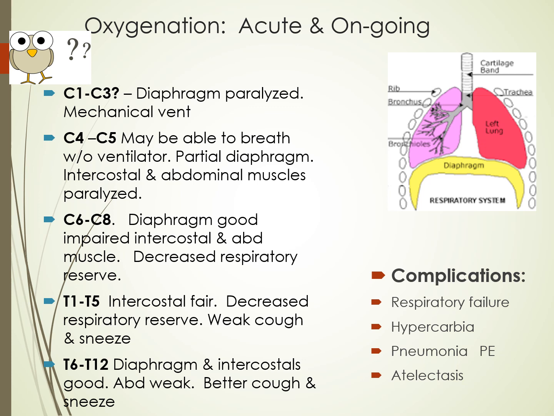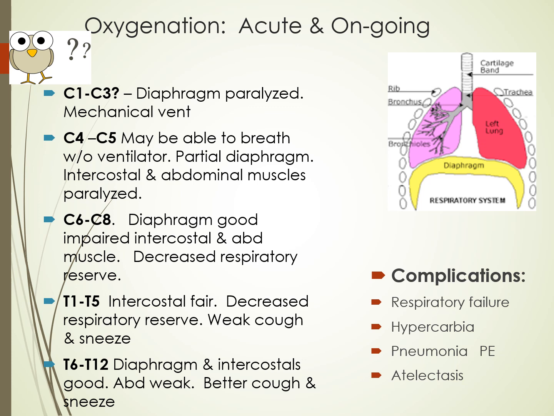Things get a little bit better with C6 to C8. They've got the good diaphragm now, but the other muscles, intercostals and abdominal, are not working well. So these people are unable to cough and are unable to sneeze. So we think about being able to cough, to clear the airway, and that's impaired.